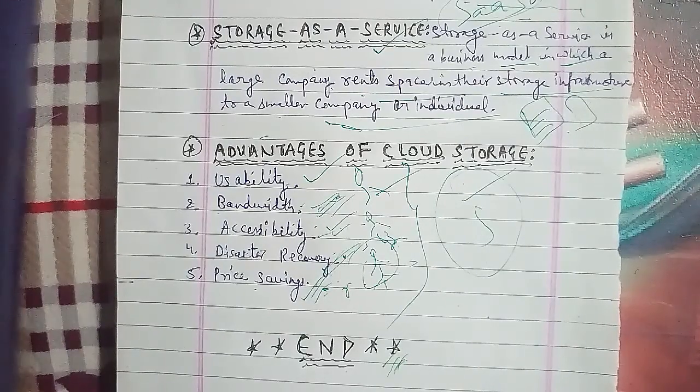We discussed what unmanaged and managed cloud storage are, and after that cloud storage as a service. Then we discussed the advantages of cloud storage: usability, bandwidth, accessibility, disaster recovery, and price saving. These were the five advantages of cloud storage here.